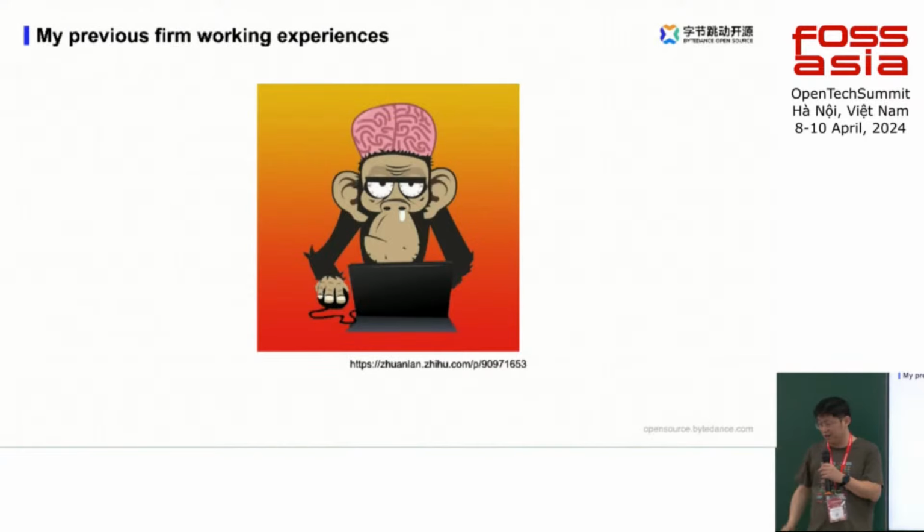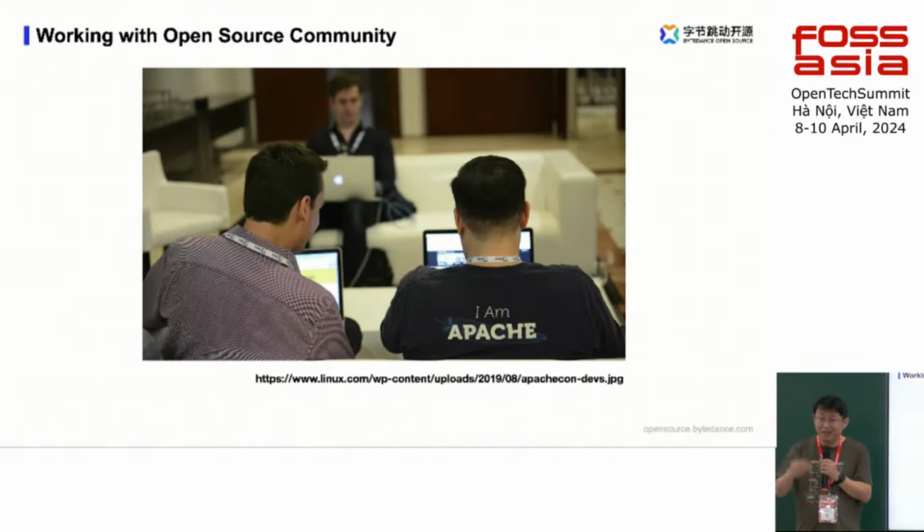In comparison, in the open source world, you break the silo, and you will get a lot of help from your colleagues or the people from the community. When I commit code, I always get feedback from somebody somewhere, and they care about the code.